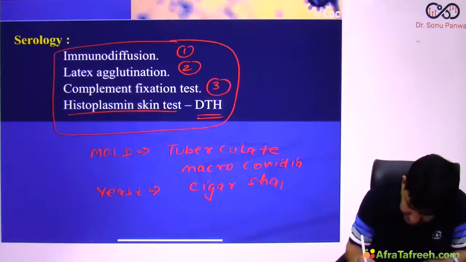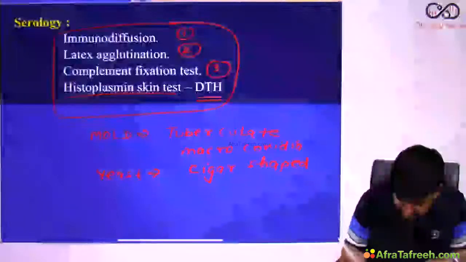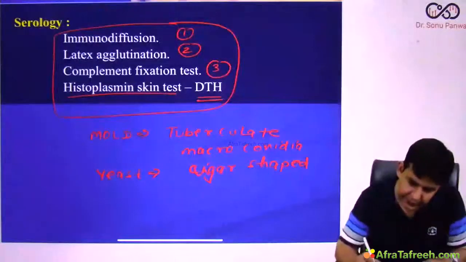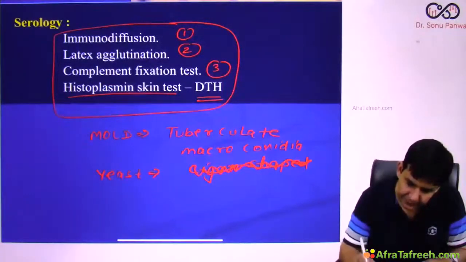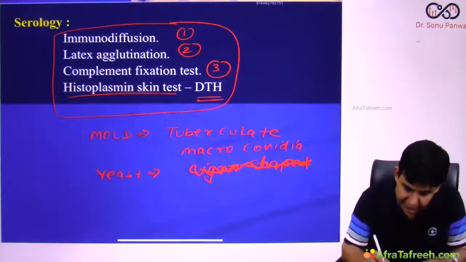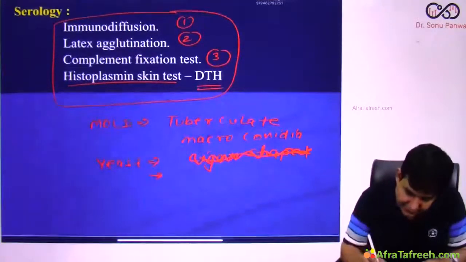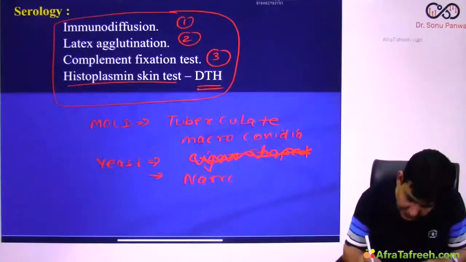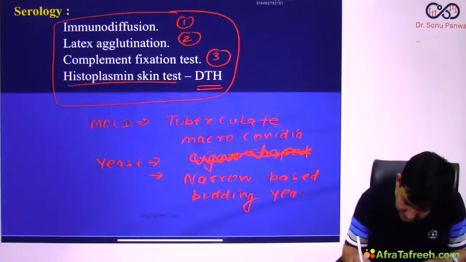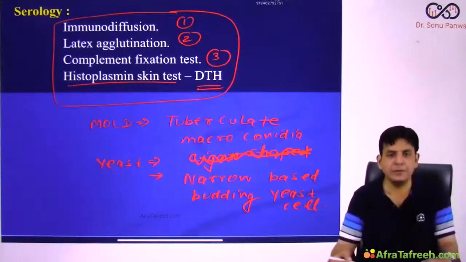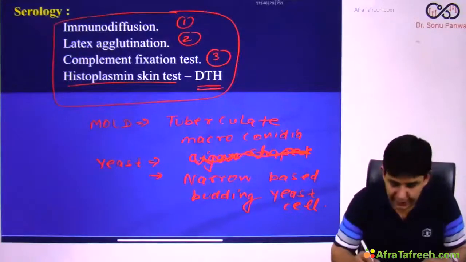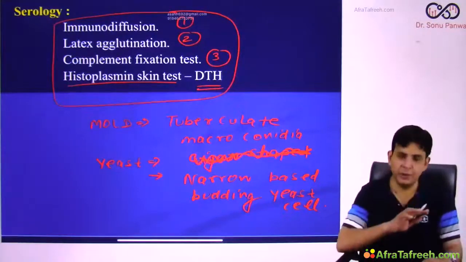Okay, not exactly cigar shaped, but it looks like one of the forms of sporothrix, that is the narrow based budding yeast cell, because cigar shaped is typical of sporothrix.